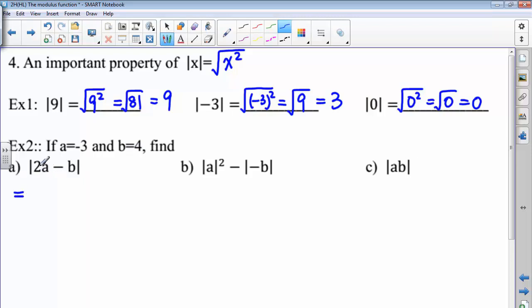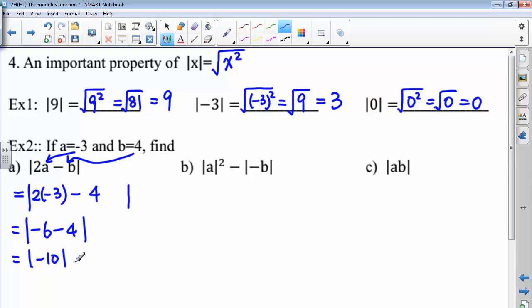The first one, the absolute value of 2A minus B. What I need to do is just plug negative 3 in for A and 4 in for B. In the modulus symbol, we get negative 6 minus 4, which is negative 10. The modulus of negative 10 is positive 10.